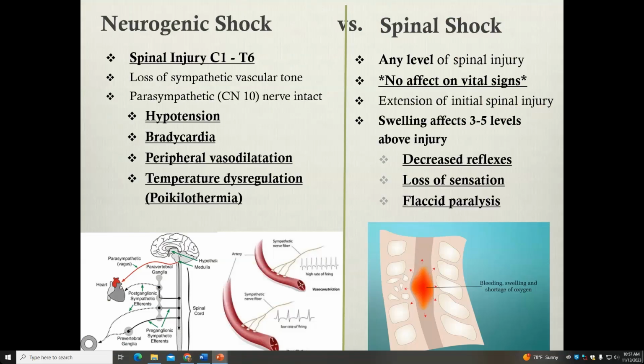And all that's left is completely uninhibited parasympathetic function. Rest, digest. So what do you think you're going to see in neurogenic shock? Everybody thinks it means brain because it uses the word neuro. It just means that the stuff from the brain can't get down to the body. Neurogenic shock means your spinal cord is swollen and your sympathetic system cannot communicate with your heart and your blood vessels.